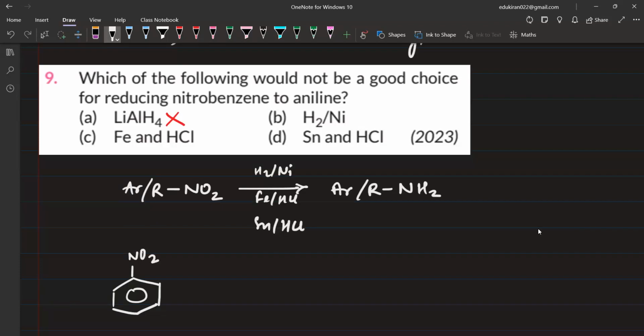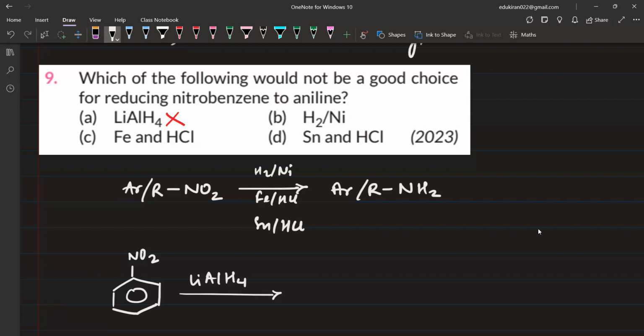Now, when you are going to use lithium aluminium hydride, we are expecting it to reduce this nitro to aniline, but what it actually gives you is an azo compound.